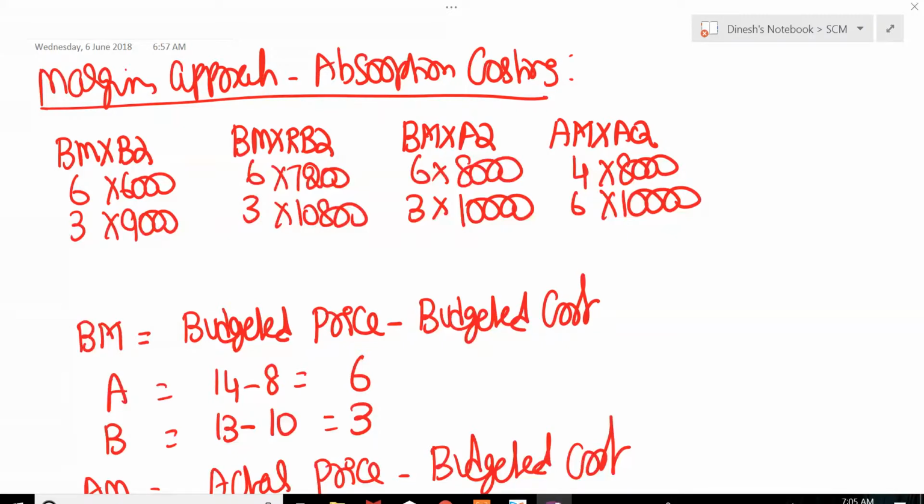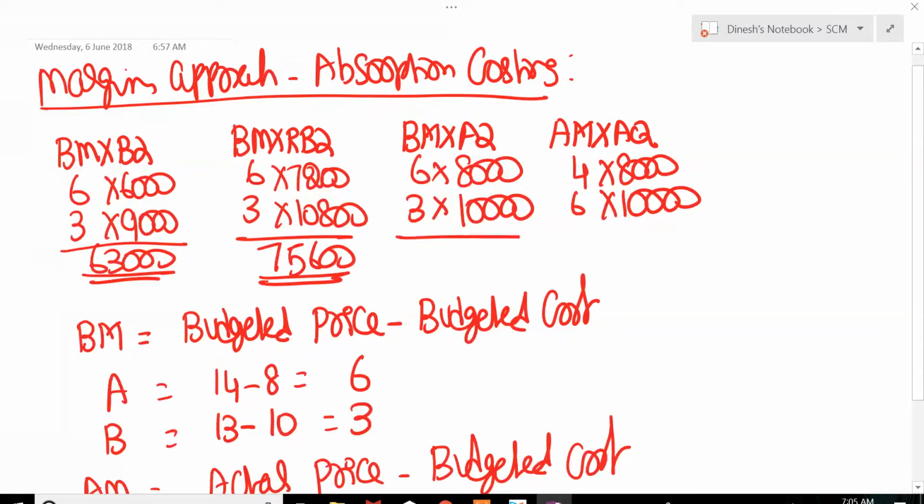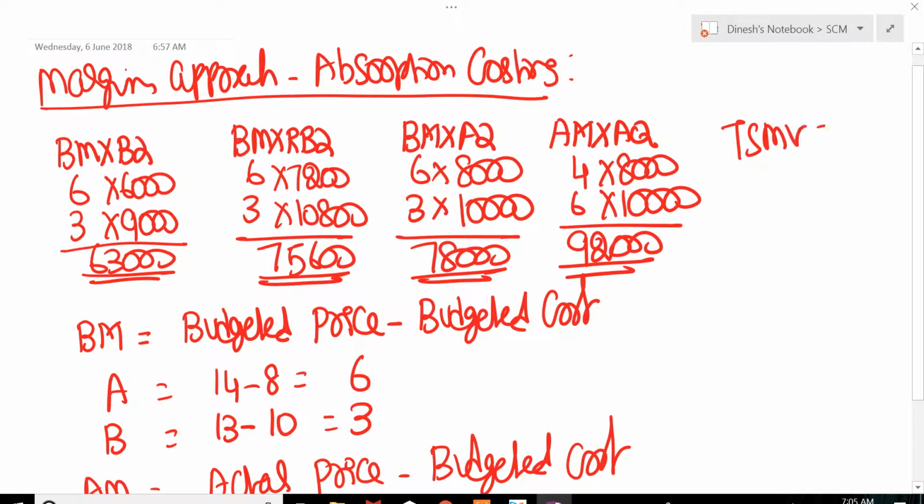What is the total of the first column? 63,000. 70,600. 78,000. 92,000. So your TSMV, total sales margin variance, 29,000 favorable.